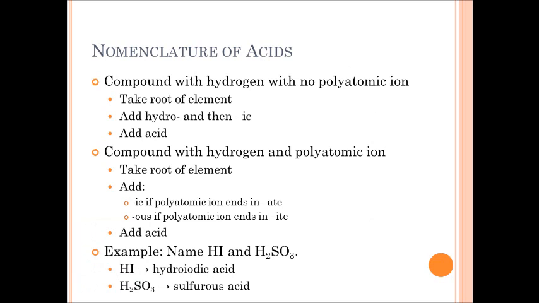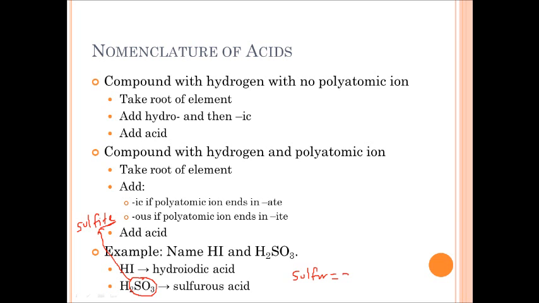Alright, so this one here is sulfite. For some reason with sul, it becomes sulfur. And then because it ends in ite, you add ous, so it becomes sulfurous acid.